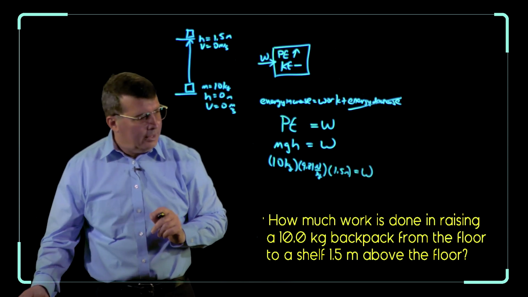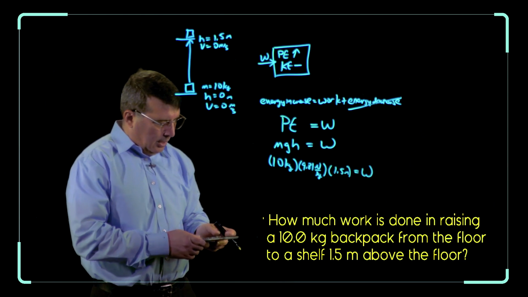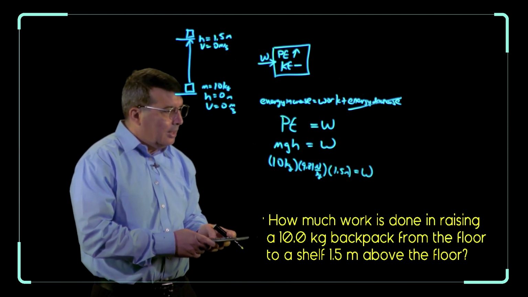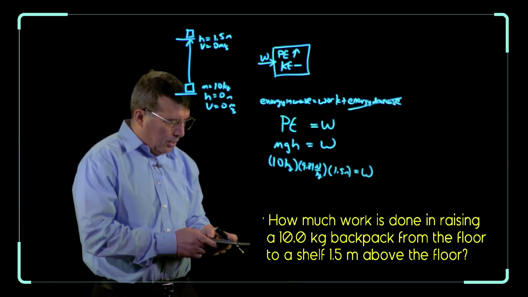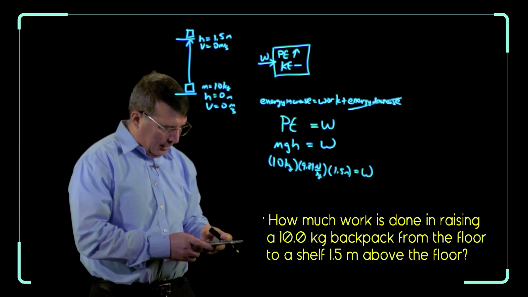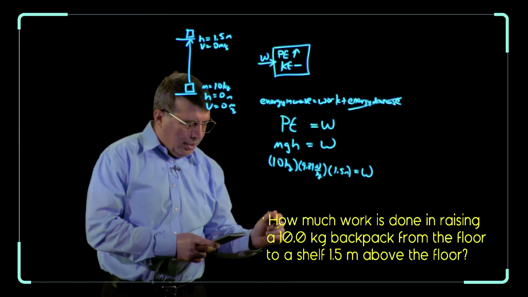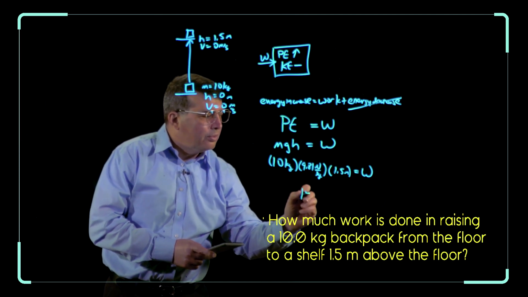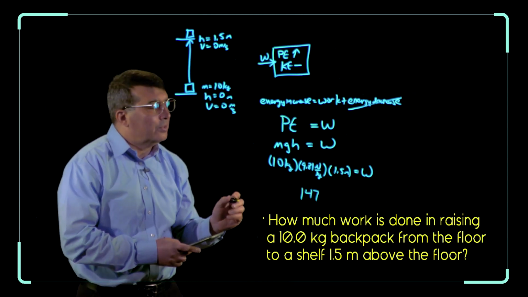So let's do our calculation. We have 10 times 9.81 times 1.5, and our number is 147. That is the increase in potential energy.